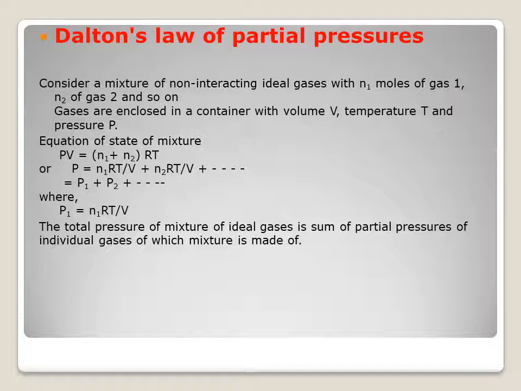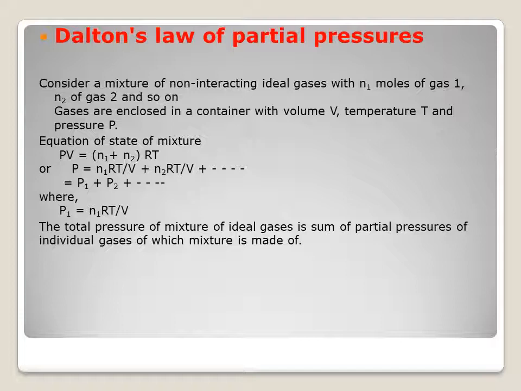Therefore, arranging it, P = n1RT/V + n2RT/V + n3RT/V and so on. We can put the value: n1RT/V is actually P1, n2RT/V is P2. So it will become P1 + P2 and so on. Therefore, total pressure is P1 + P2 + P3 and so on.